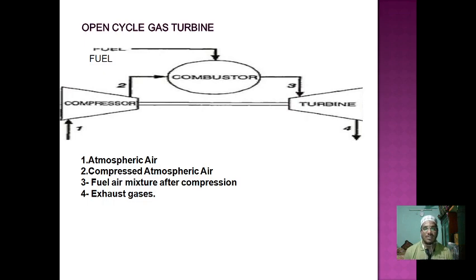Atmospheric air we insert in the compressor, and then the air is compressed. Then the third one is the air-fuel mixture. In the combustion chamber the air-fuel mixture will be there. Then the burned air-fuel mixture goes to the turbine, and after the turbine the exhaust gas will be removed from the outlet valves.